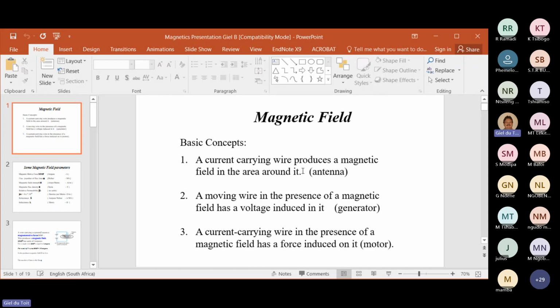That's just how an antenna works. Also a coil, like this inductor we talked about now, or a solenoid. We sometimes call it a solenoid or a coil, or an inductor. So basically, the current flowing through that inductor will create a magnetic field around it.